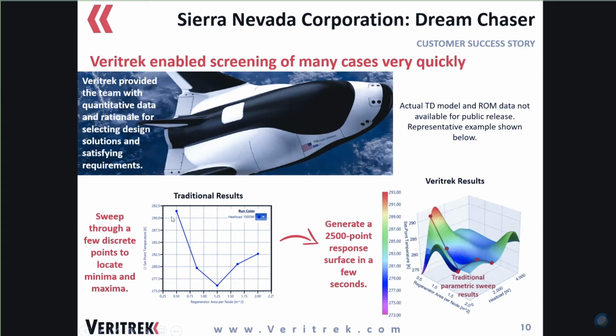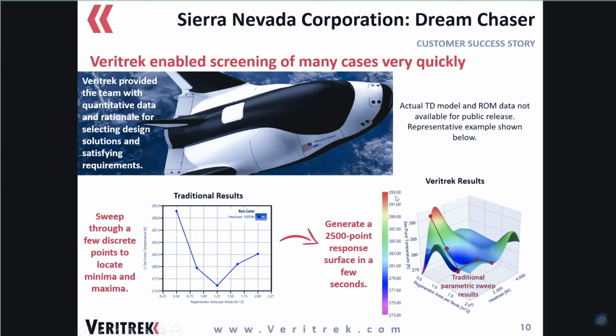Typically, to solve this problem, they would sweep through a few discrete points, so generate a lot of these low fidelity parametric sweep plots to observe the minimum and maximum values for their output responses of interest. And once they locate the minimums and maximums, they can focus their design efforts on alleviating those to make sure the component temperatures or the host vehicle temperature meets the flight temperature requirements.